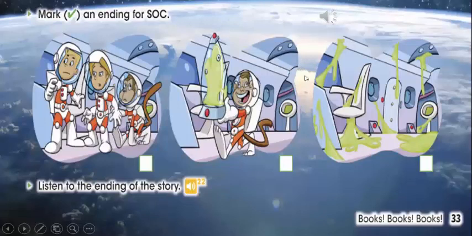Track 22. Hey, did you read SOC? Yes, I liked it a lot. Please tell me the end. I read the beginning and I really want to know the end. Okay, what was the last part you read? The last thing I read was that Simon found a green sticky substance on the doorknob. Oh, then they turned back and found a little green creature smiling.